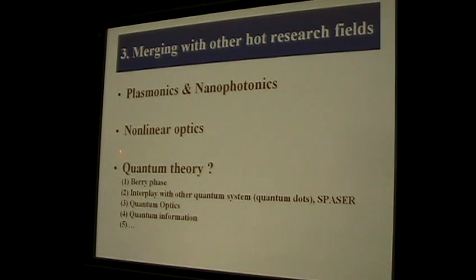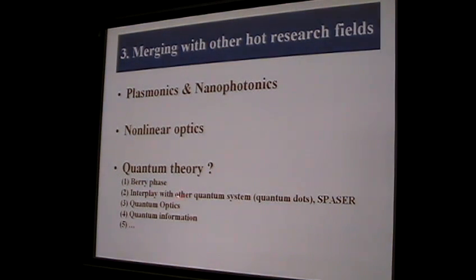Because I came from the physics department, I always think about how these fancy things can link to quantum theory, and I think something is already happening. In quantum field theory, there is quite a lot of discussion on the Berry phase problem, and now for EM waves, some people have already noticed the Berry phase phenomenon.